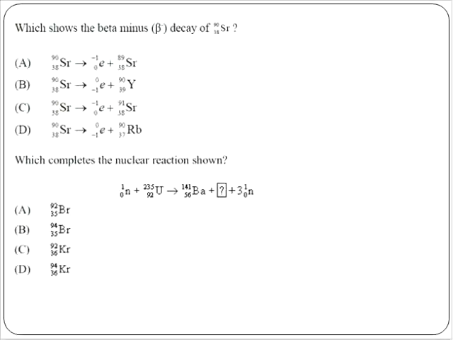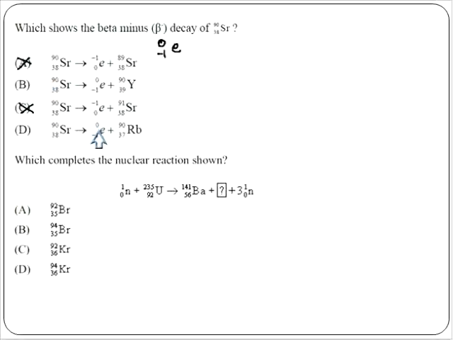Which one of those shows a beta minus decay? Well, only two of them show the proper symbol. The proper symbol for beta minus is 0, -1e. So this one has the wrong symbol, and this one has the wrong symbol. So it's either B or D. So now you've got to add up the numbers to make sure they work. Well, look at the 0. 0 on top means that the top number has to be 0 plus 90, which is 90, so that one works.